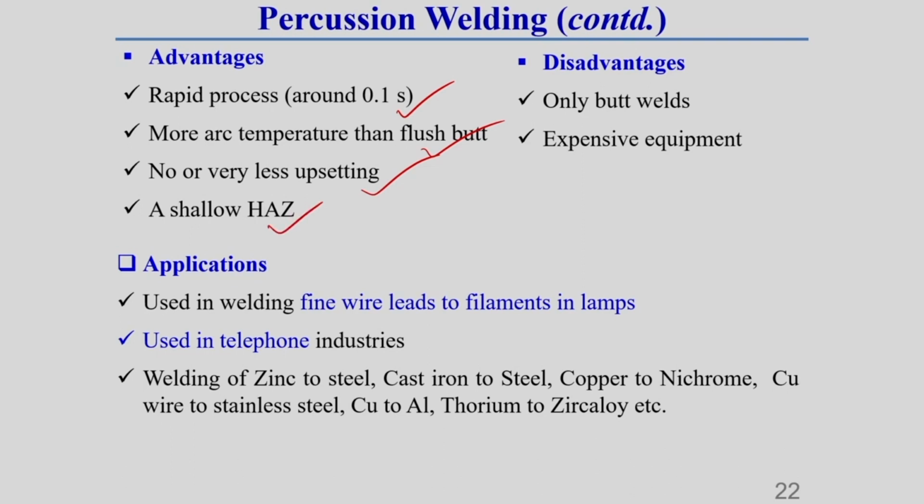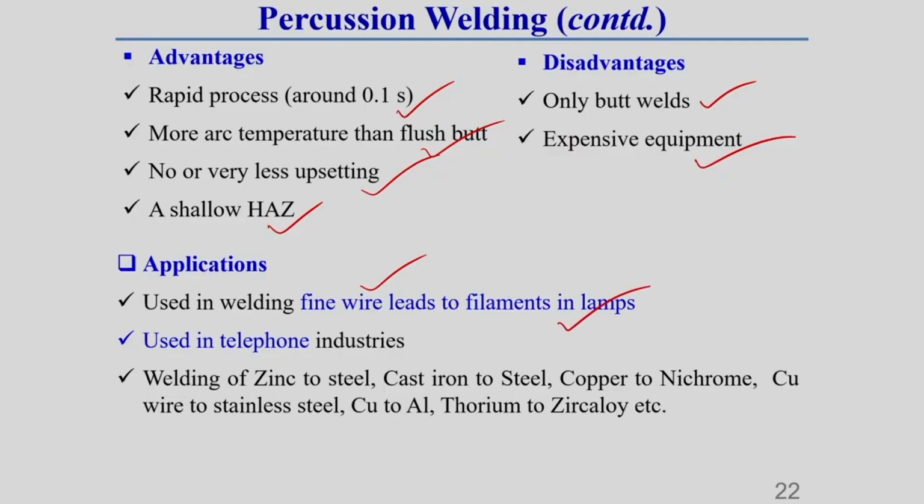It has some disadvantages also, because this percussion welding is mainly used for bar welding purposes. It is a very highly expensive type of equipment. Its application is in fine wire leads to filament in lamps. That means the filament used in an electric bulb can be joined with fine wire by using this percussion type of welding process.